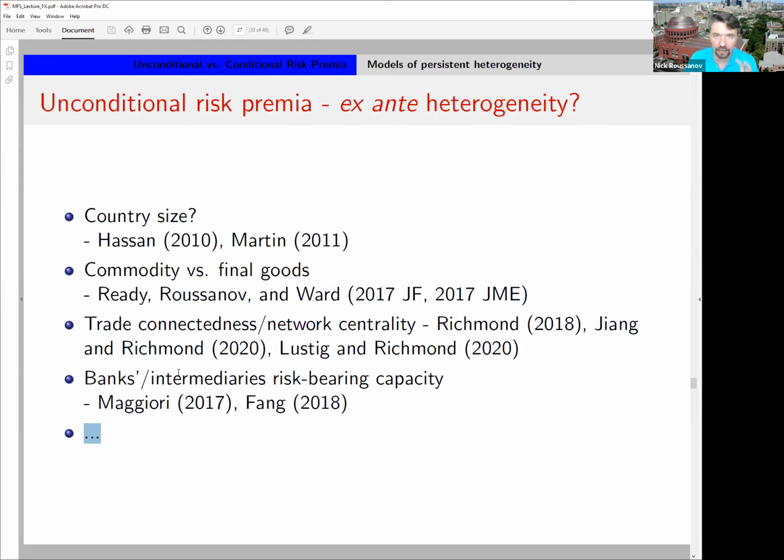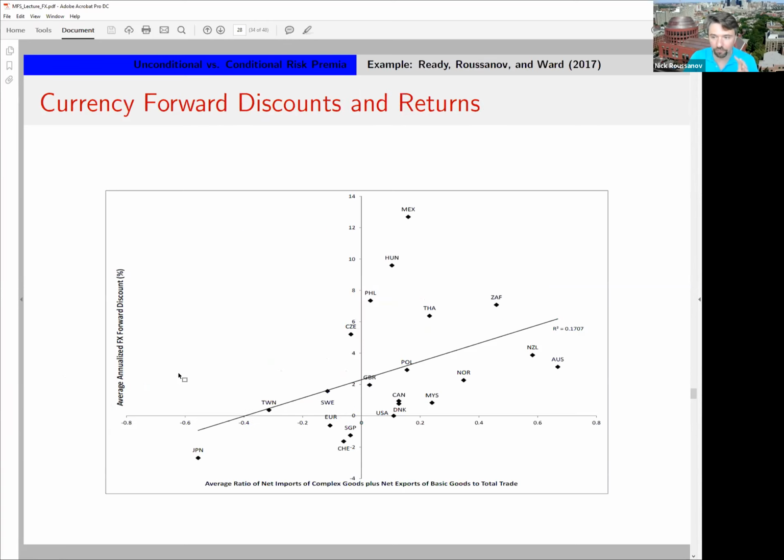I'm just highlighting what I think is maybe surprising, that the dollar or US is indeed an average country in terms of its combination of net imports, or ratio of net imports, of, let's say, commodities and basic goods versus complex manufactured goods.